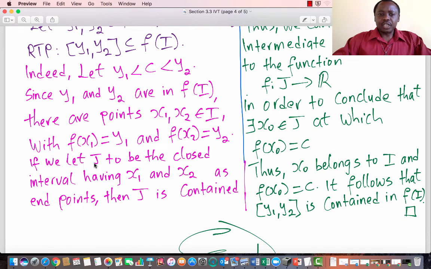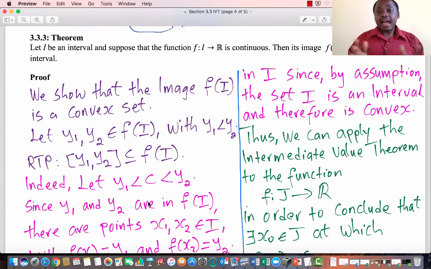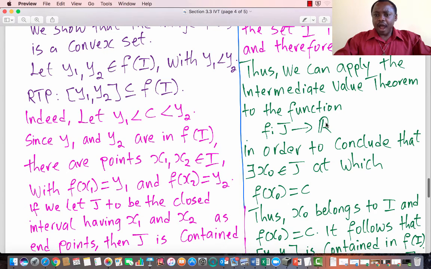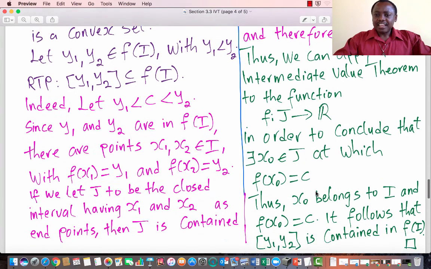If we let J be the closed interval having x1 and x2 as endpoints, then J is contained in I, since by assumption the set I is an interval and therefore it is convex. Thus, we can apply the intermediate value theorem to the function f from J to R in order to conclude that there exists an x0 in J at which f of x0 equals c.